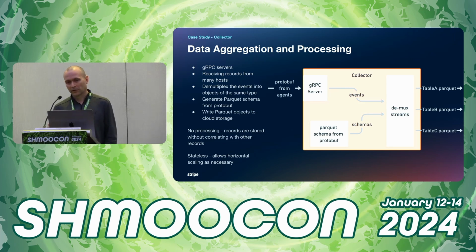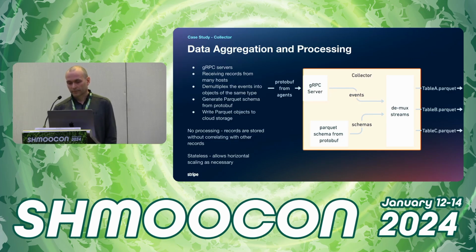So the best way to handle this situation is to generate the Parquet schema on the fly. That's what we did. Whenever the collector receives a protobuf of any kind, it will generate the Parquet schema that matches it on the fly and write the files that way. That keeps the maintenance overhead to a minimum because we don't have to maintain 2 schemas. We don't have to touch the collector at all if we add a new record. Just adding a new event to the agent would be trivial because you just add it as a protobuf, send it to the collector, and the collector knows immediately what to do with it, even if it hasn't been changed.